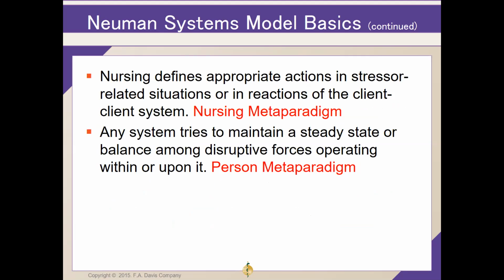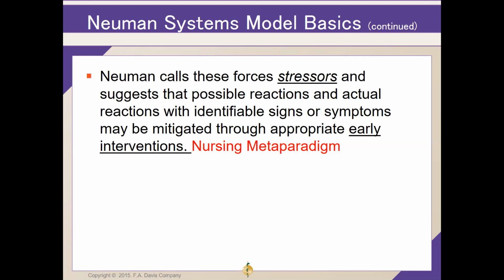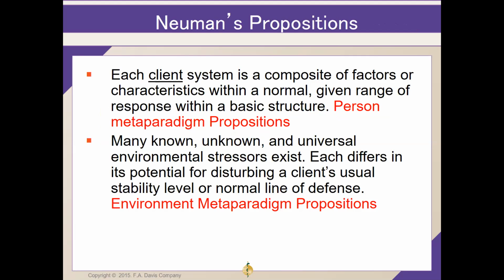Any system tries to maintain a steady state, and this is what she believes of the person. So the person is trying to maintain that health state, but other forces can disrupt and act upon it. These forces are stressors, and she looks for identifiable signs or symptoms of stress and believes that nursing can mitigate this impact on the person's health through early intervention.